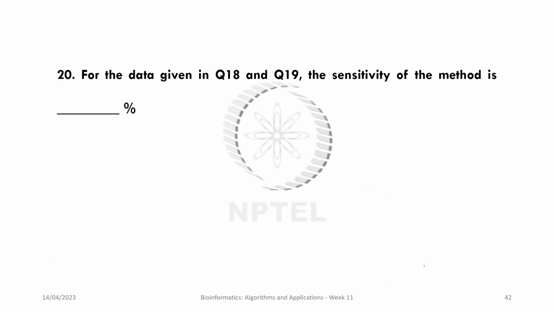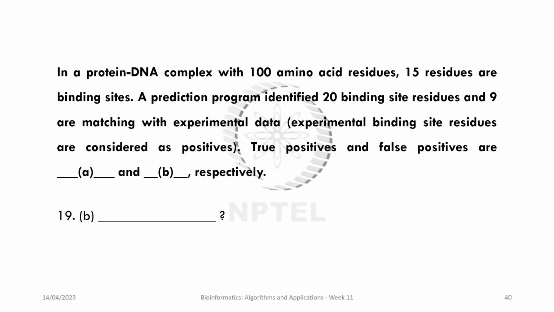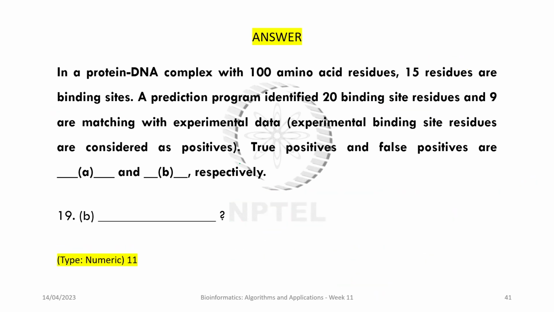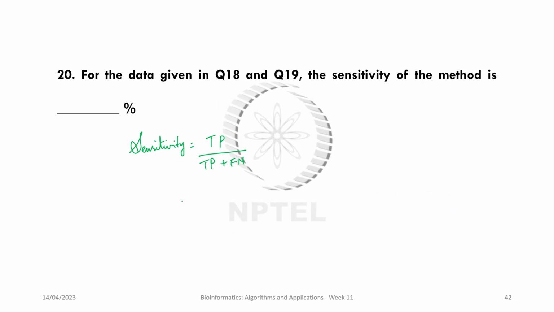Question 20, for the data given in question 18 and 19, the sensitivity of the method is, again, what is sensitivity? True positives by true positives plus false negatives. So it did help that we found false negatives, 6.